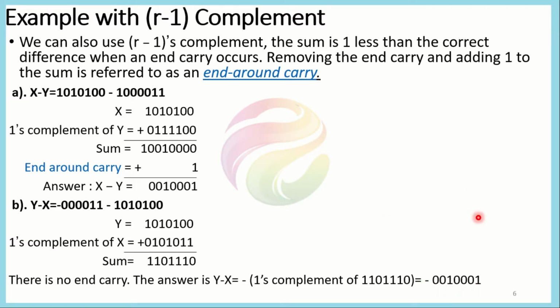So we have seen two different methods of utilizing the complement in a subtraction process: one with the r's complement, and the other with the r minus 1 complement. Both of these are for unsigned numbers. You can always do the same process as before, which utilizes the r's complement, for both the decimal and the binary system.